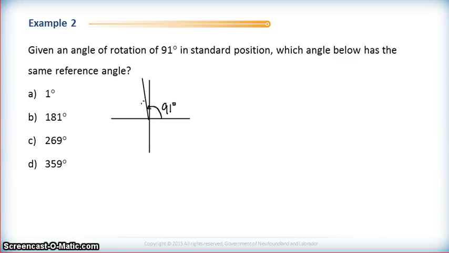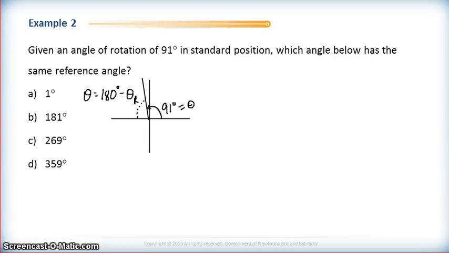The reference angle, don't forget, is the angle between the nearest part of the x-axis and the terminal arm. And in this case, since our angle theta, the 91 degrees, is in the second quadrant, theta is equal to 180 degrees minus the reference angle.